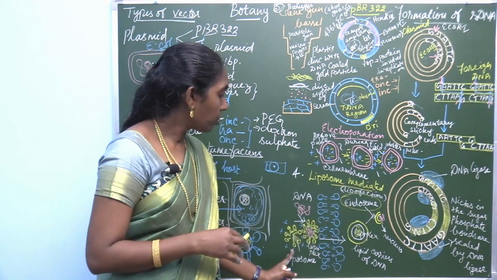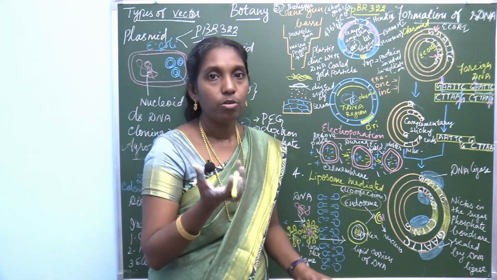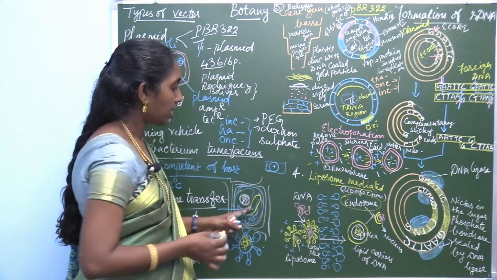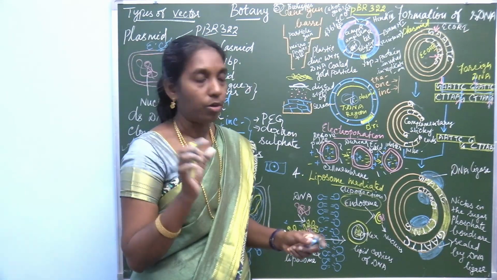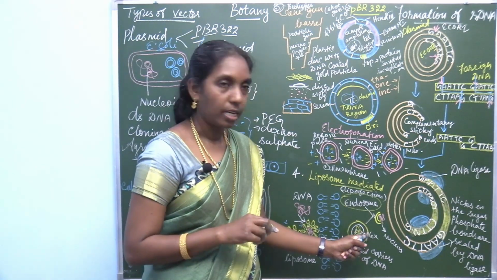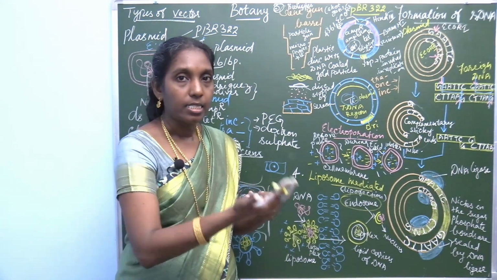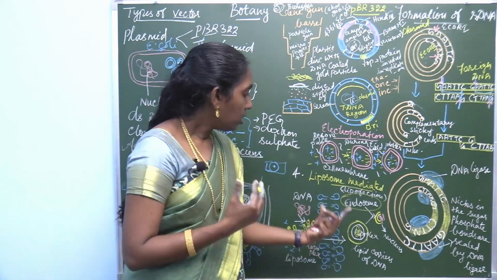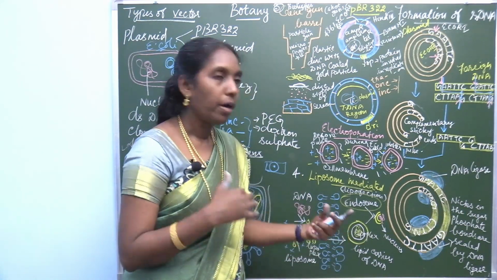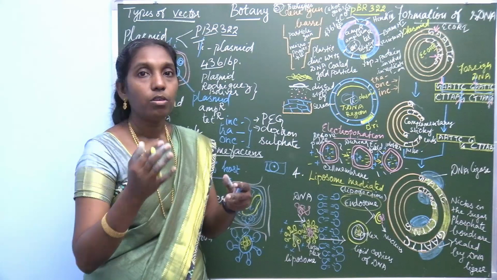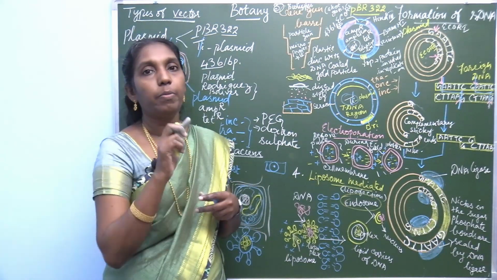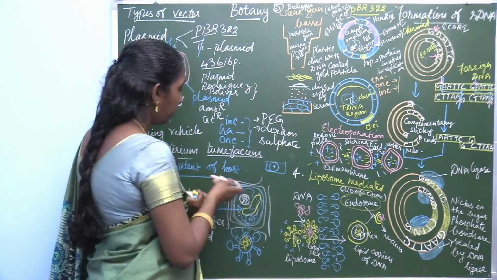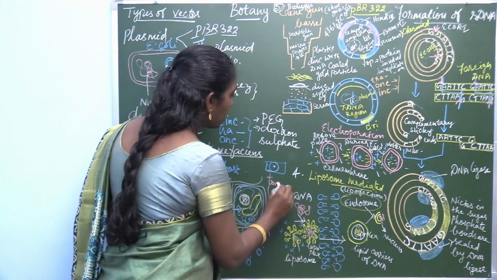Now this liposome and the vacuole: the main feature of a plant cell is the presence of a large vacuole. So the vacuole is present inside the cell. There is a fusion of this liposome and the vacuole. The membrane surrounding the vacuole is the tonoplast.